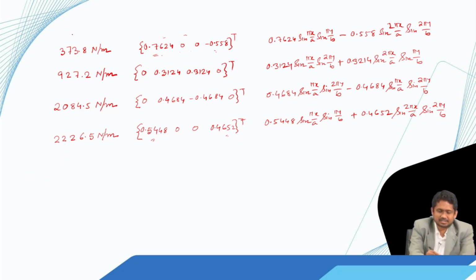Now, this gives us n bar. So, from this n bar I can find out the corresponding nx, I mean the corresponding compressive load and the shear load. So, n bar equal to 373.8.